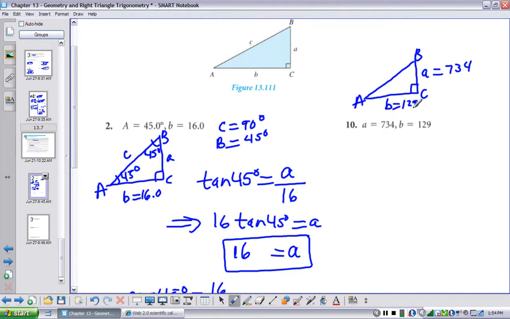Now, we can definitely find little c by the Pythagorean theorem. c is going to be the square root of 734 squared plus 129 squared. So c is 745.2.